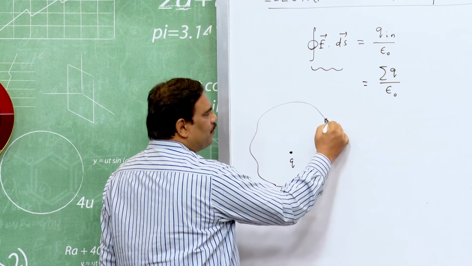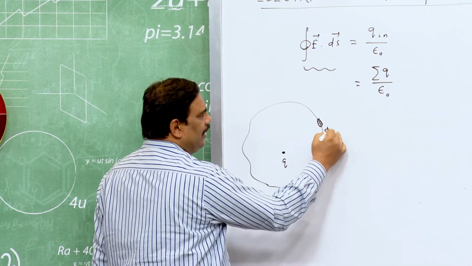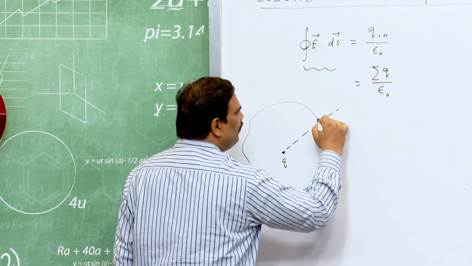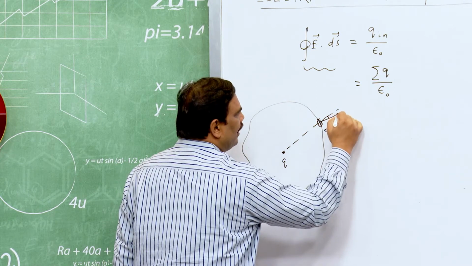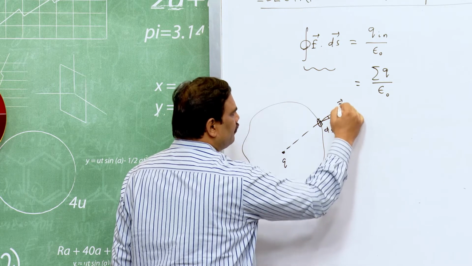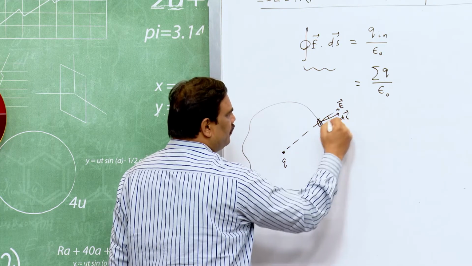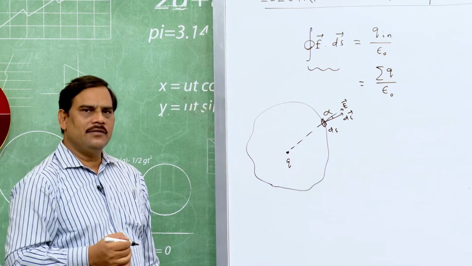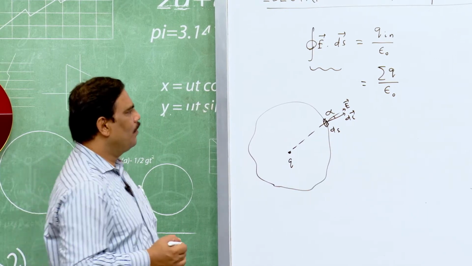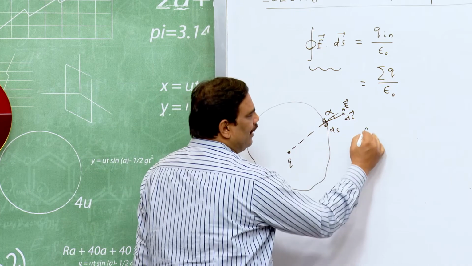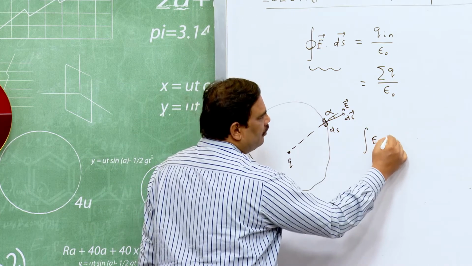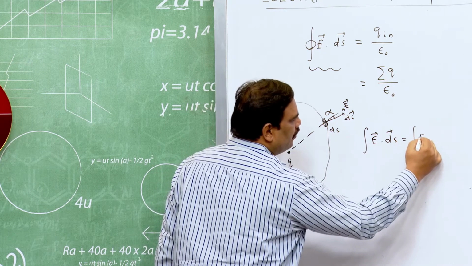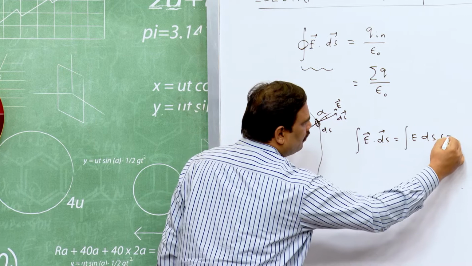Now, consider a small surface ds which is inclined to the electric field at an angle alpha. So, my integration E dot ds will be equal to integration E ds cos alpha.